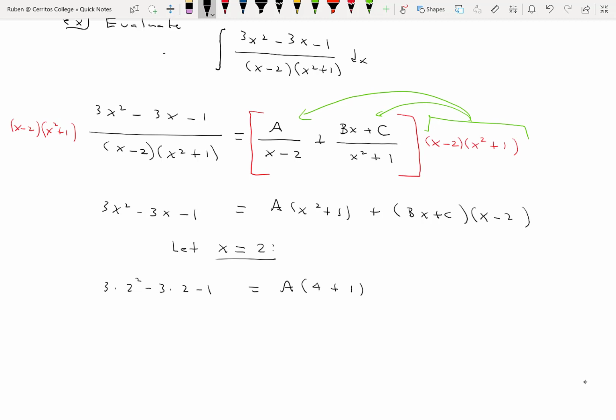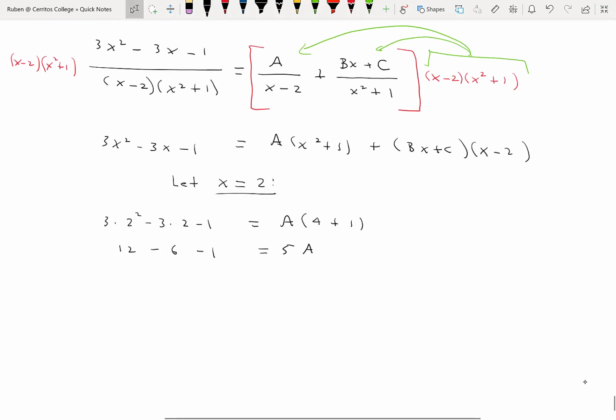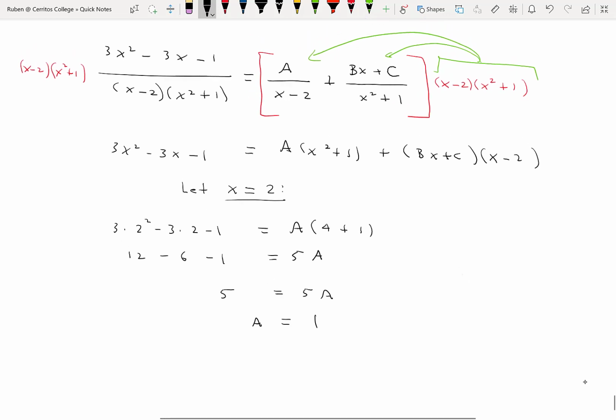Back to the left-hand side, 2 squared is 4, 4 times 3 is 12, 3 times 2 is 6, minus 1. And all that should equal 5a. 12 take away 6 is 6, 6 take away 1 is 5, equals 5a. So a equals 1, a real simple constant. Of course, I make things real simple in lecture.